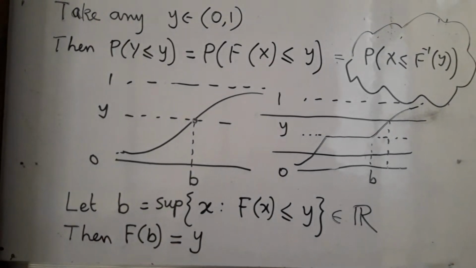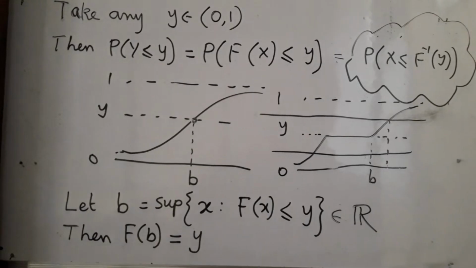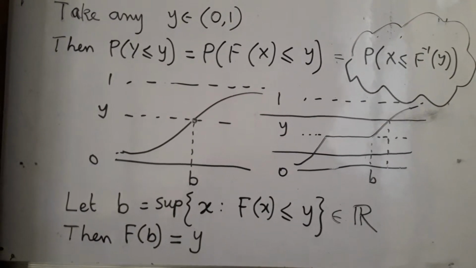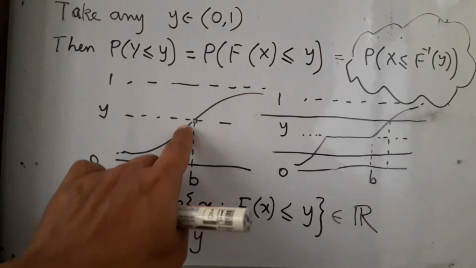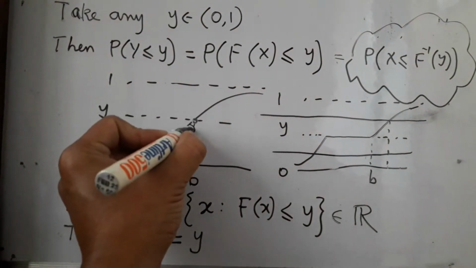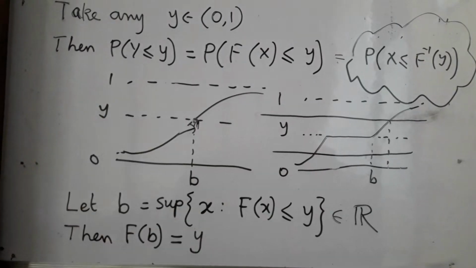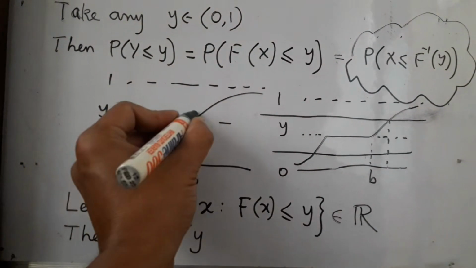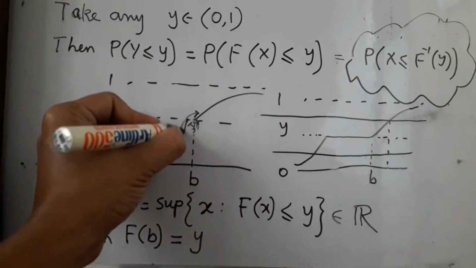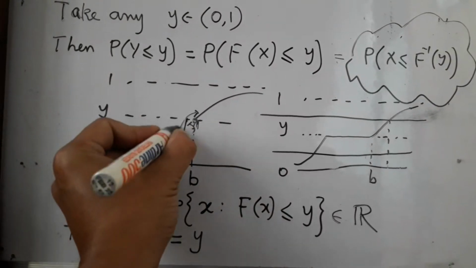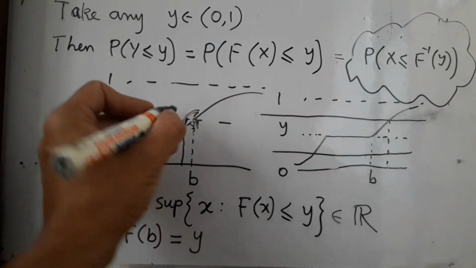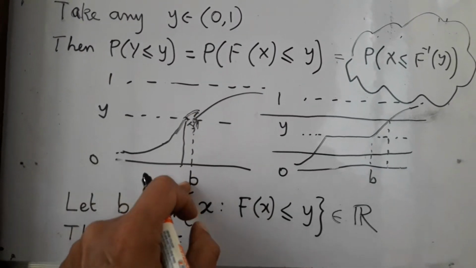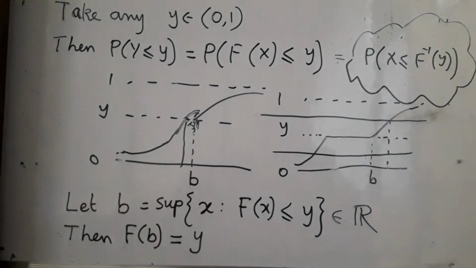Now, if you remember the proof of the intermediate value theorem that you did in Analysis 1, you will notice it is exactly the same argument, because if F(b) happens to be a little less than y, then there is a gap, but F was continuous. If it happens to be above, then this itself will provide an upper bound, because when it went above, it crossed y sometime or other, so you will get a smaller upper bound.